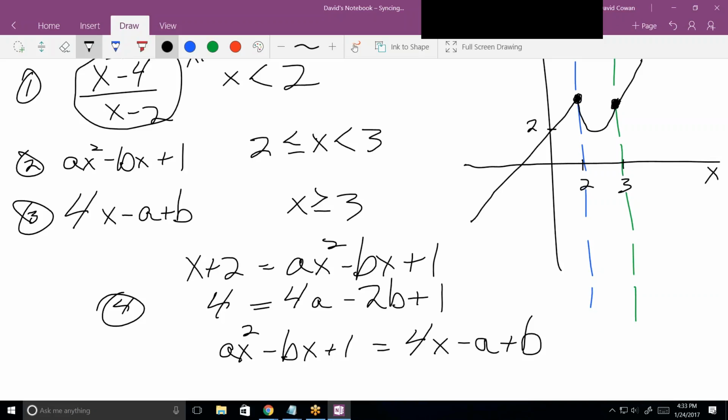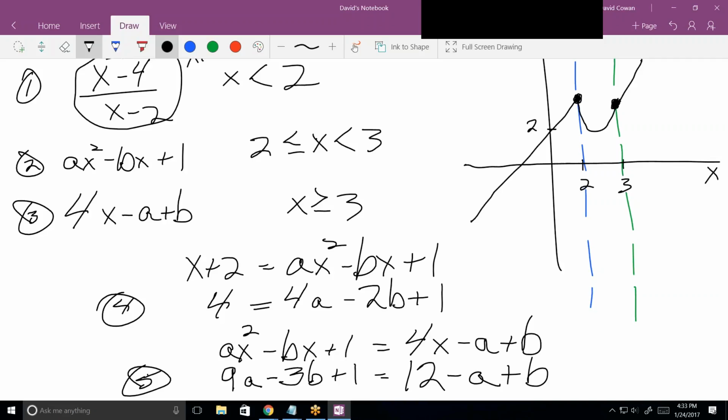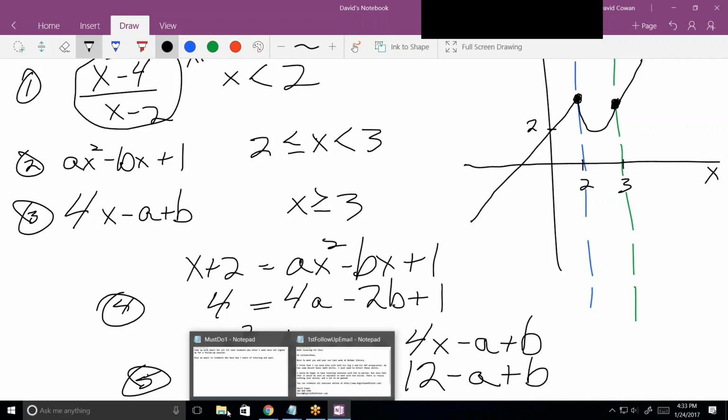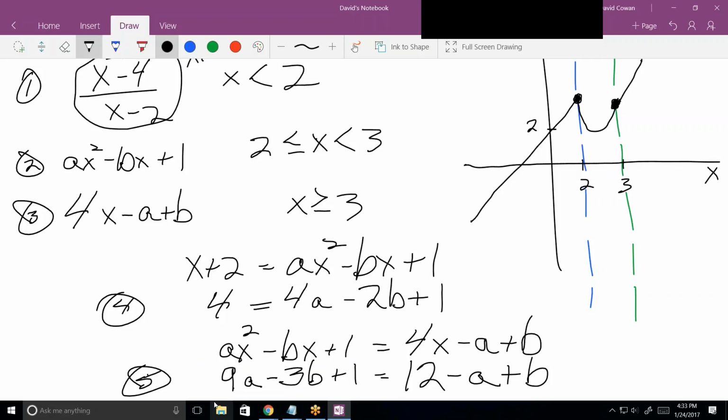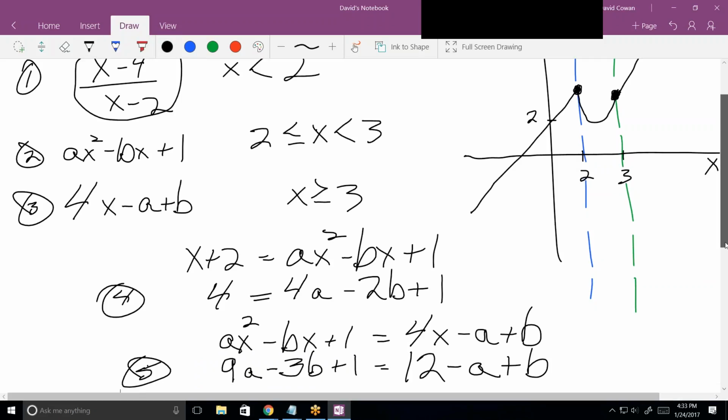So if I plug in a 3 for x here, I get 9a minus 3b plus 1 equals 12 minus a plus b. So that's my equation 5. Between equation 4 that has two variables, a and b, and equation 5 that has two variables, a and b, I'll be able to figure out what a and b are.